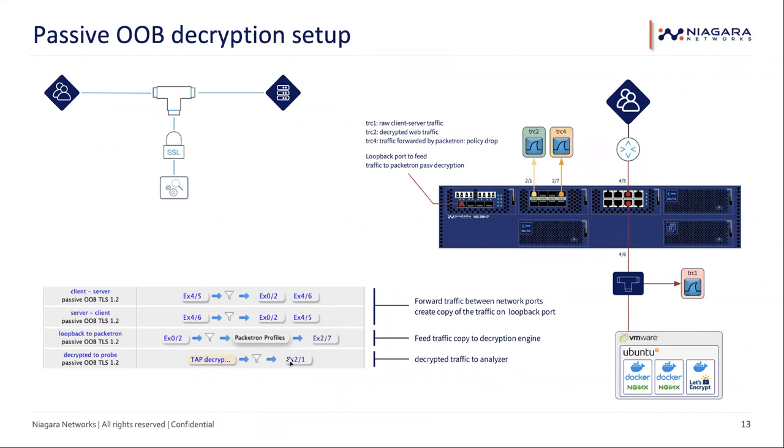In this configuration, we only use one, just the passive decryption engine. A client is connected to a port, and another port is connected to a server. This server is just running a number of web services and has an encryption or a certificate engine.